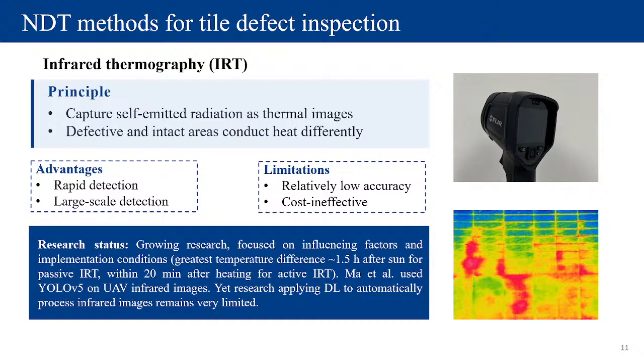Infrared thermography is quite suitable for rapid and large-scale detection of debonding areas, but it has relatively low accuracy because it is sensitive to temperature and solar radiation. And also, infrared thermography is cost-ineffective because the device is large and expensive.